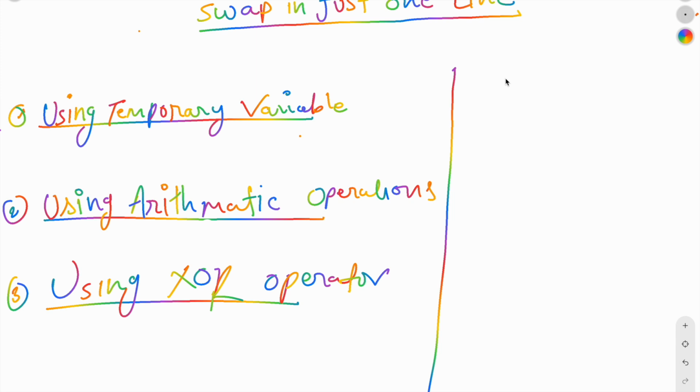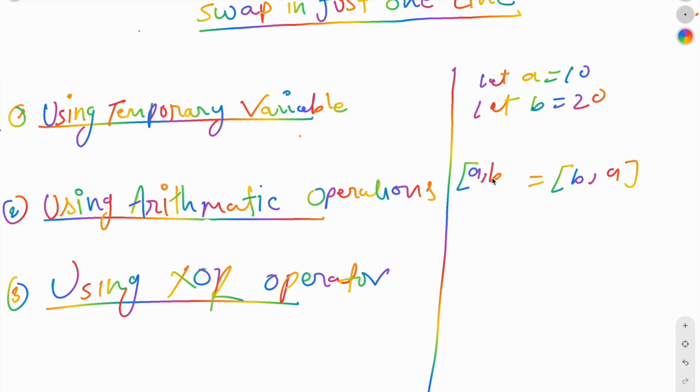Before understanding that, you should know destructuring assignment in JavaScript. Let's assign two variables: let a equal to 10, let b equal to 20. Take a temporary array, assign b and a inside it in reverse order, and destructure into a and b.